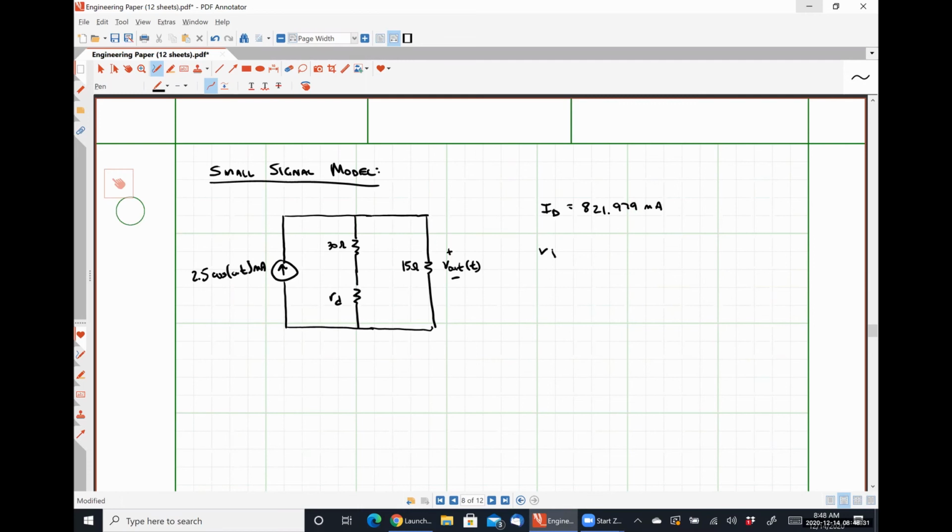So from this, RD is 26 millivolts divided by this value, 31.630 milliohms.